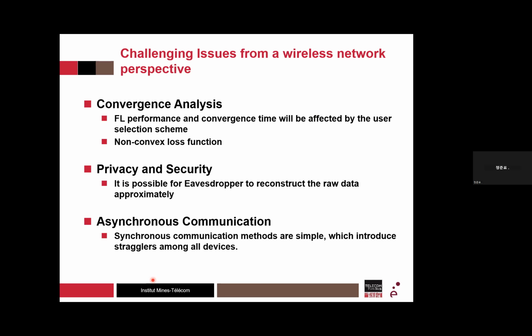The second thing is privacy and security. It is possible for an eavesdropper to reconstruct the raw data approximately, even though federated learning is quite robust from the perspective of privacy. And the third thing is synchronous communication. Synchronous communication methods are simple, but it is important.